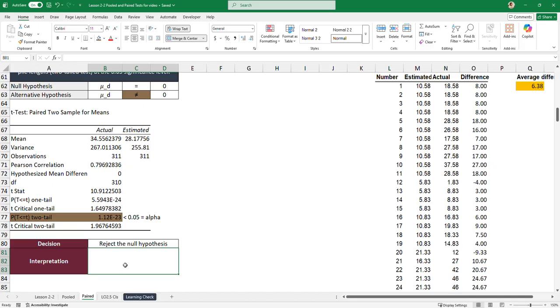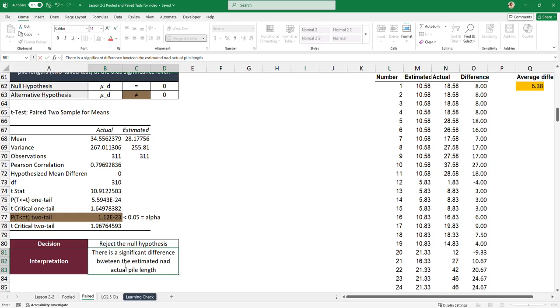They're not the same. How we actually write that out is there is a significant difference between the estimated and actual pile length means.